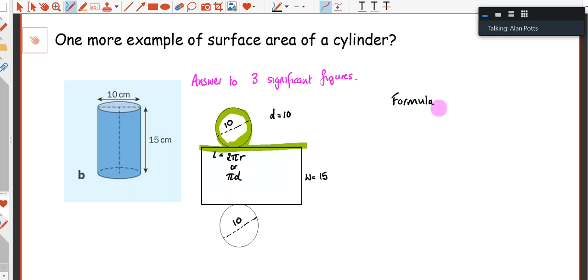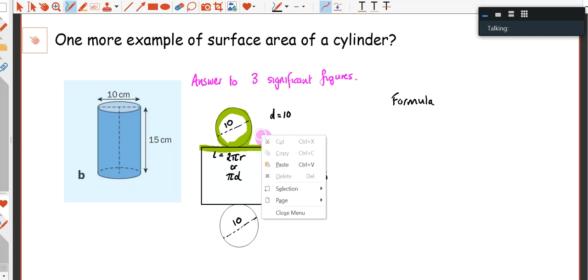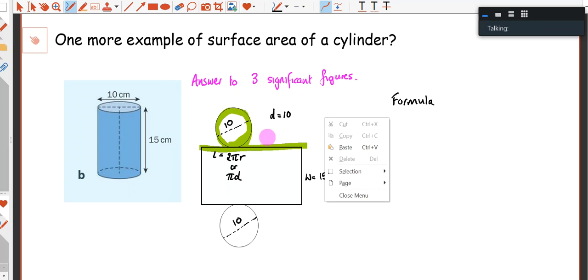We've got to do the area of the circles, 2 of them. What's the formula for the area of a circle? Yeah, pi r squared.